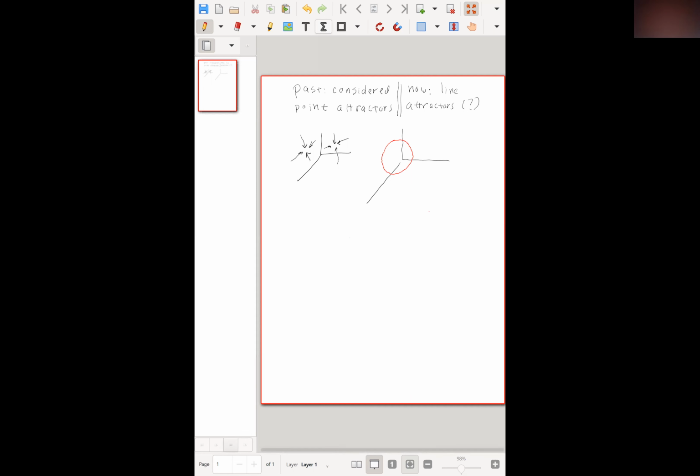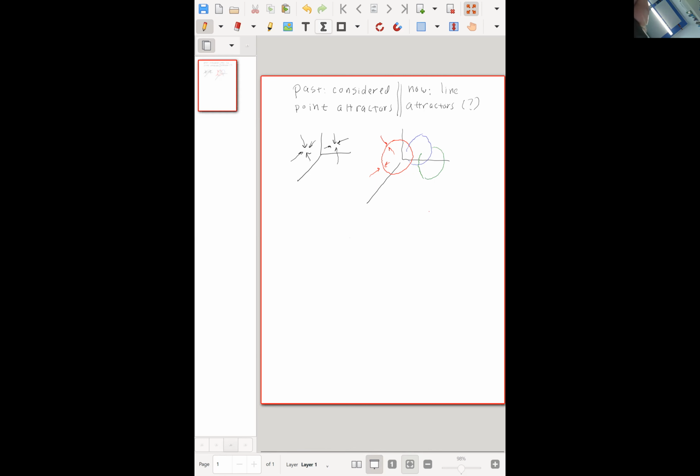They look like this, and if you start nearby, you'll end up on the line attractor. And just like we can have multiple point attractors, we might ask, can we have multiple line attractors? So you have a line attractor here, so this is high dimensional. Another line attractor here. Another one here, and so on.